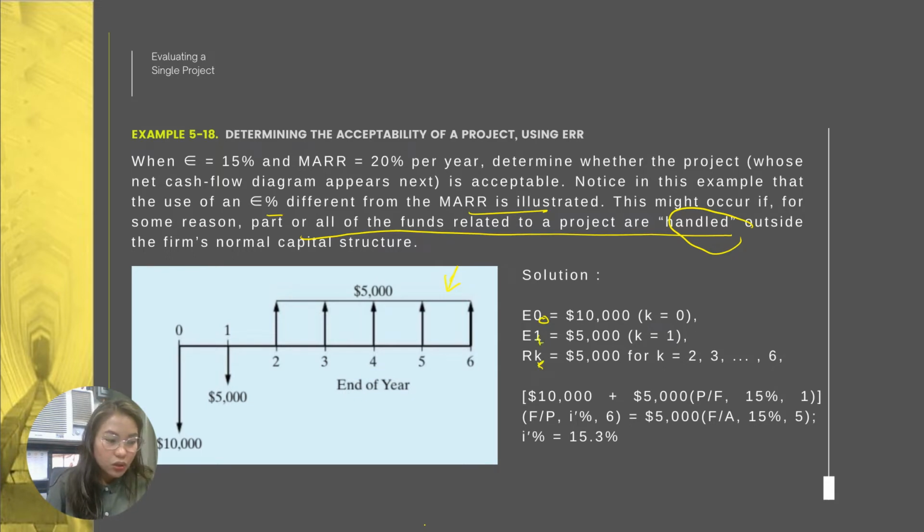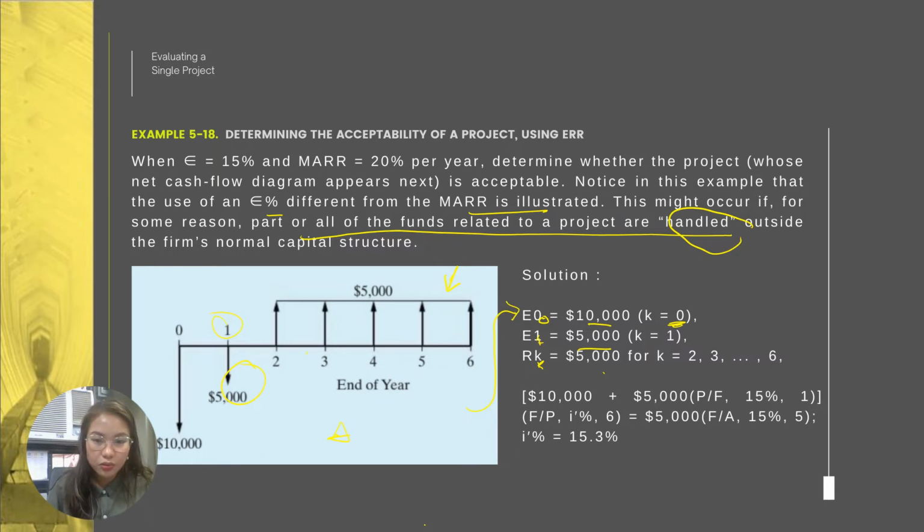There is a 5K here, given in the diagram. What you need to do is extract the values from the cash flow diagram. That would be 10K at the first period, 5K here at 1, and R_K of 5K for periods 2 to 6, end of year.